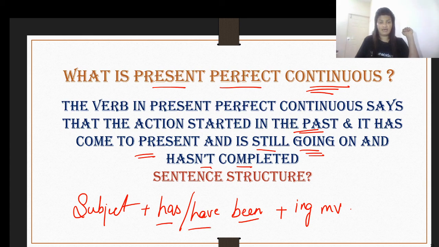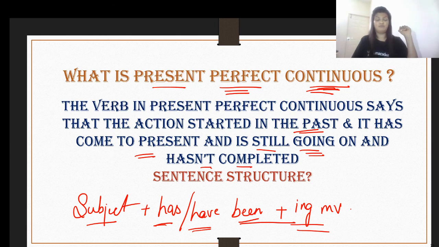Now, has and have speak about the perfect completion, perfect tense over here. Been and ing show the continuity of the action. So the sentence structure here is subject, has been or have been, and then the ing form, ing main verb.